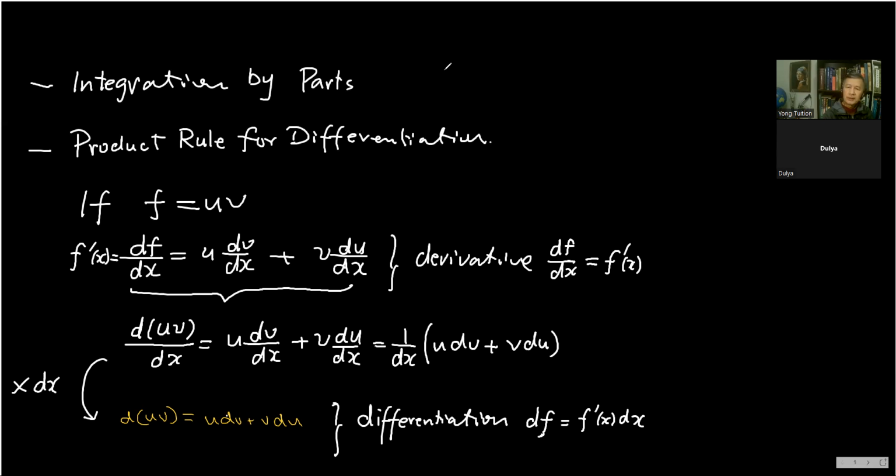introducing integration by parts. This is the form we used when we applied the product rule before, but in the context of integration we are more interested in the df form. Once you know the df, if you integrate the df, what can we obtain?